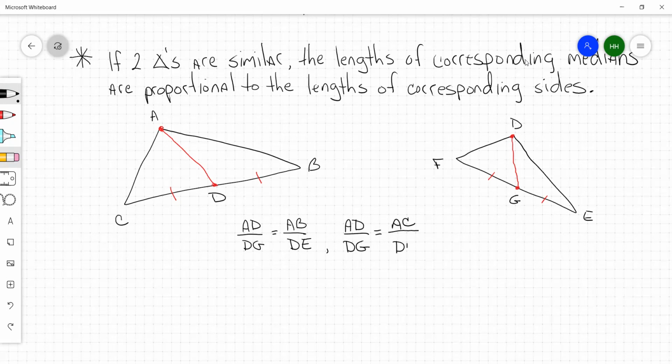DF, good. And AD over DG is also equal to CB over FE. And that's all if ABC is similar to DEF.